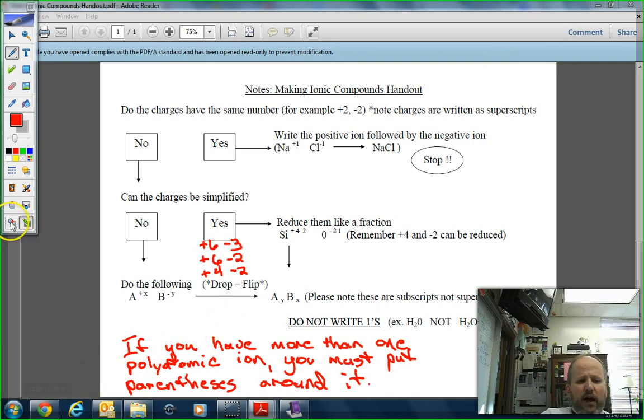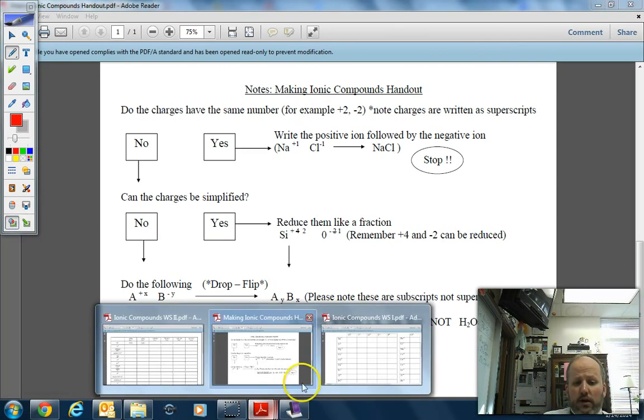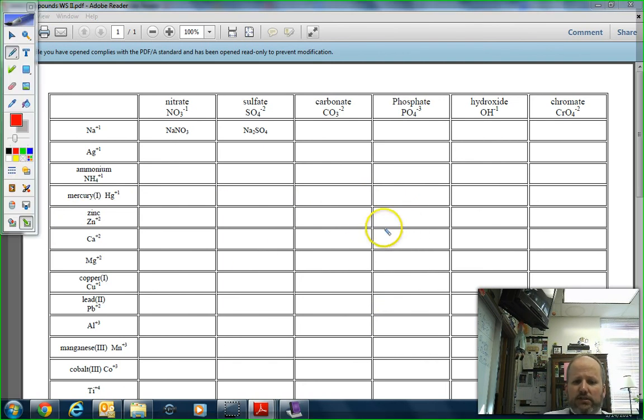Let me quickly find one where I know you need parentheses on the homework, and I'll show you one that needs parentheses. One that for sure is going to need parentheses is this one right here. Let's use the flow chart and figure out what this answer would be.